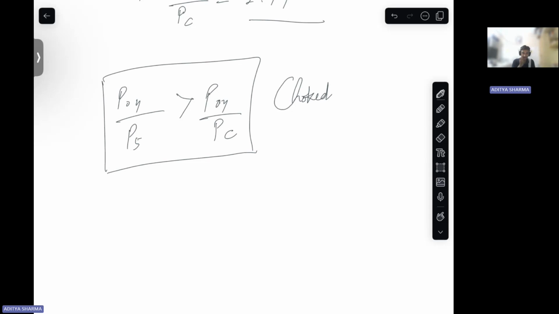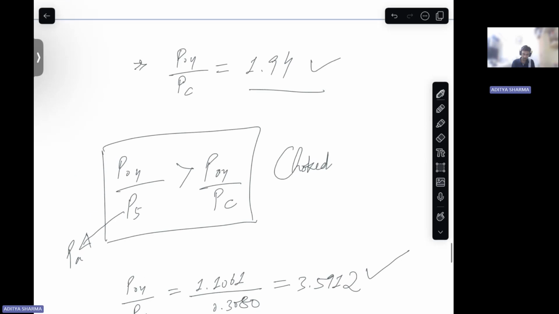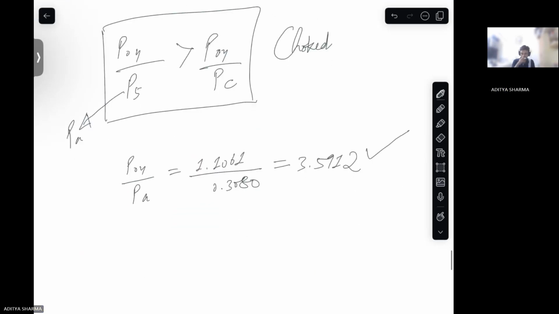Whether this is choked or not, you can see from the nozzle pressure ratio. If you see P04 by PA, because P5 and A are same, this is 1.1061 divided by 0.3083. See this? So this is 3.5912, which is clearly greater than 1.94. In that case, your nozzle is choked.